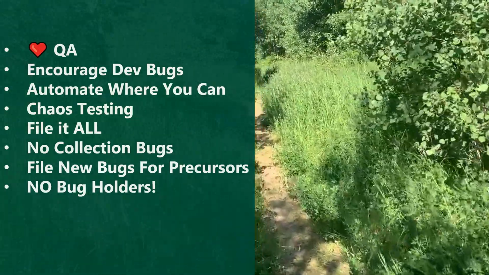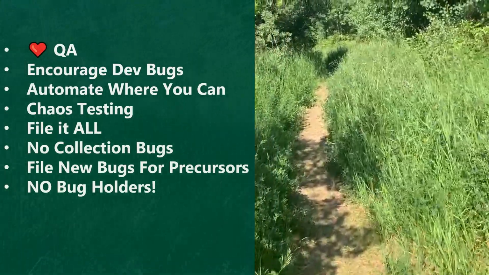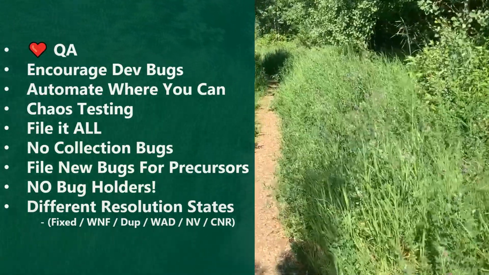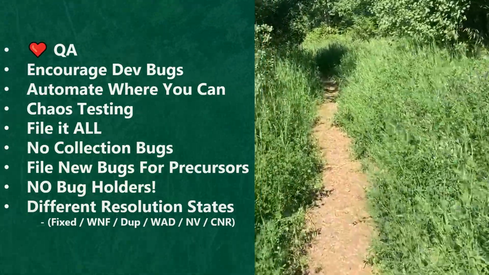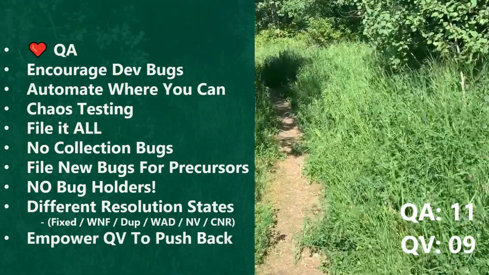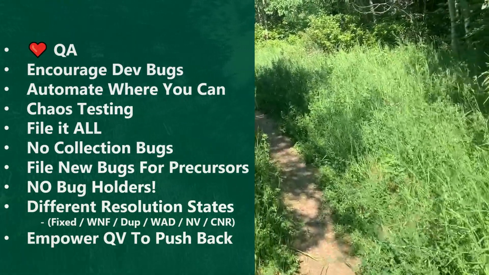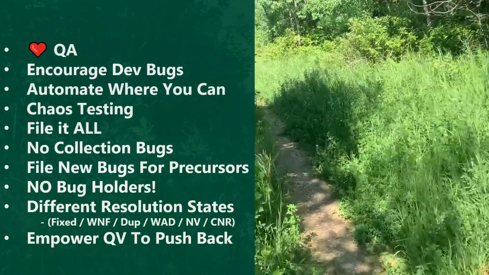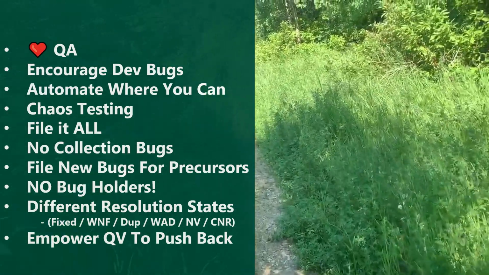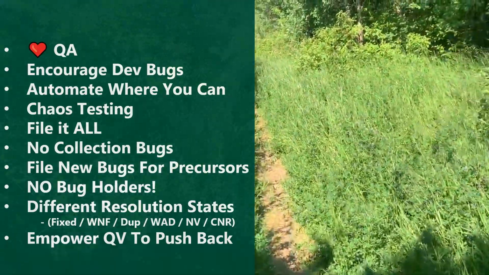Instead, empower your devs to manage and control their own bug lists. You're going to need different resolution states beyond simply fixed because you're going to want to close bugs for different reasons than simply fixing them. And empower your QA department to push back on you. Empower all your devs to push back on you because this will lead to a better state of your bug database, a better quality of bug, and ultimately a better quality of project.